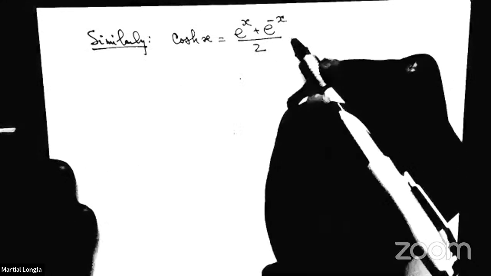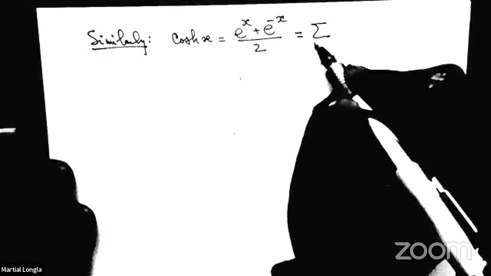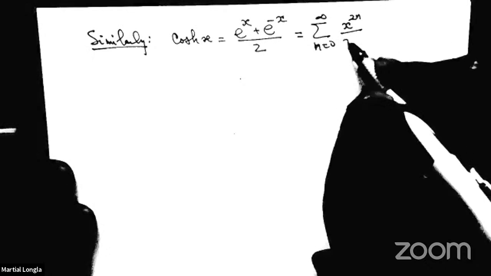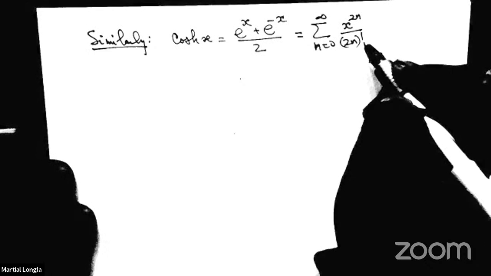Similarly, cosine hyperbolic of x is e to the x plus e to the minus x over 2. And you work it out similarly, you're going to get the sum n from 0 to infinity of x to the power 2n over 2n factorial.